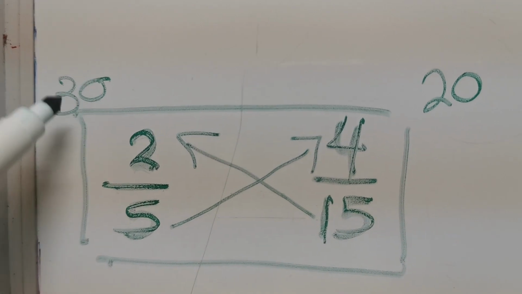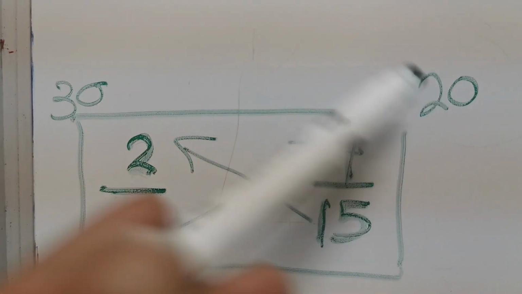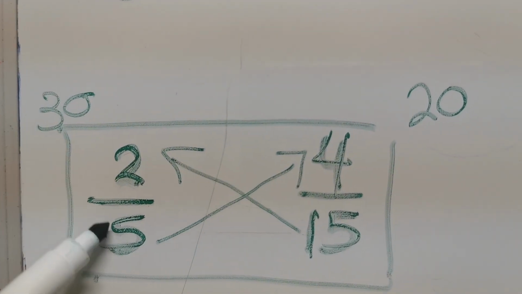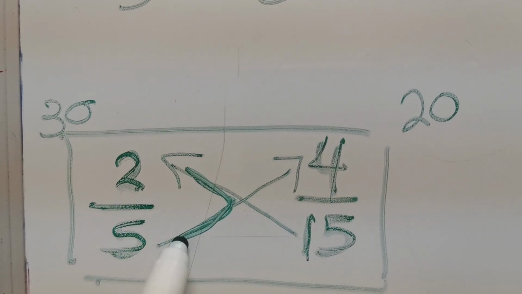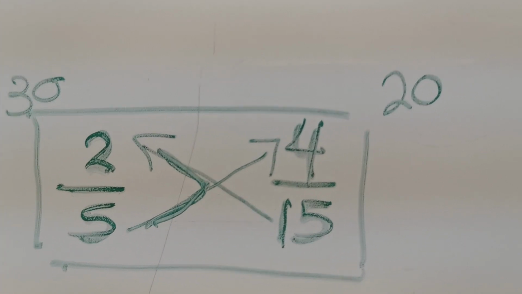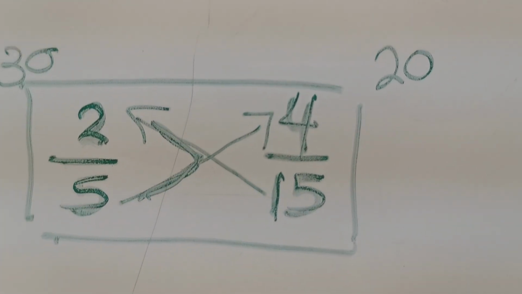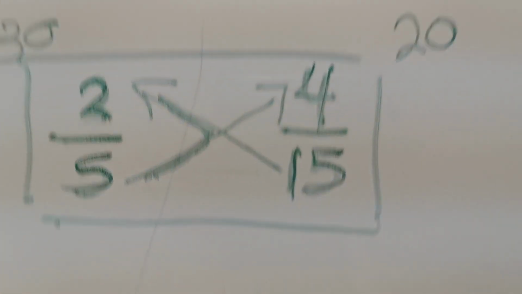Then compare 30 to 20, which one is greater? 30 is greater, so this ratio will be greater. I think it's easy. Now I want to give you another example.